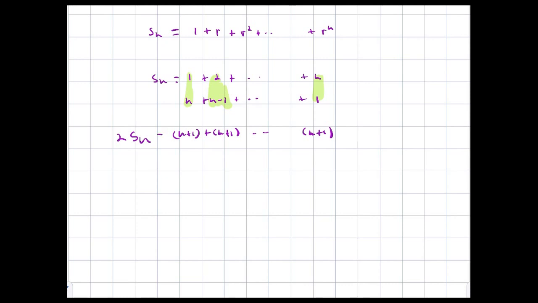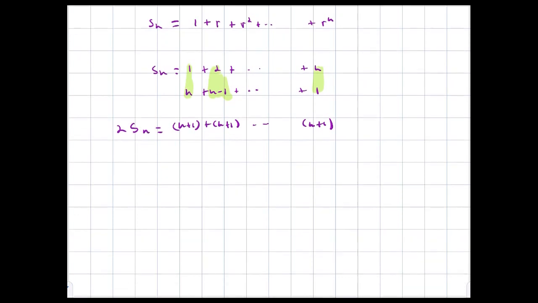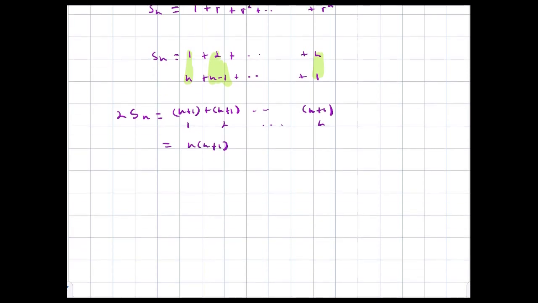That was double the sum we were looking for. This is n copies of n plus 1, so that gave us Sn equal to n times n plus 1 over 2. And that was a cool little trick.